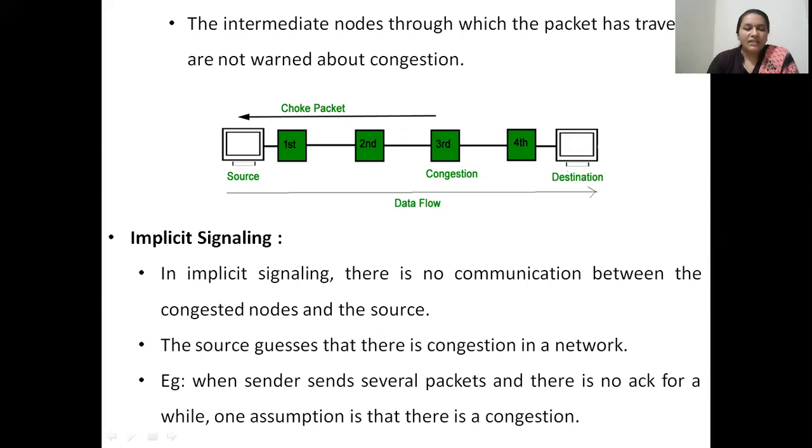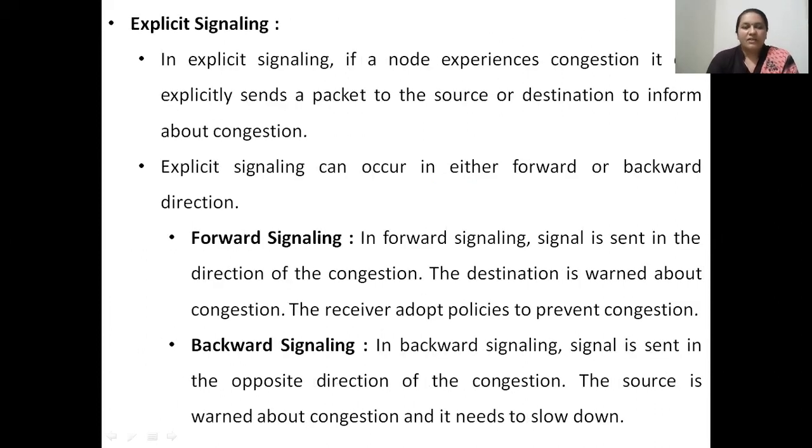So whenever the sender keeps sending several packets and has not received the acknowledgement back for a while, it will understand that there is congestion by default, and it will reduce the number of packets it is sending, or it will pause its transmission for some time, and later restart it. So this is implicit signaling.